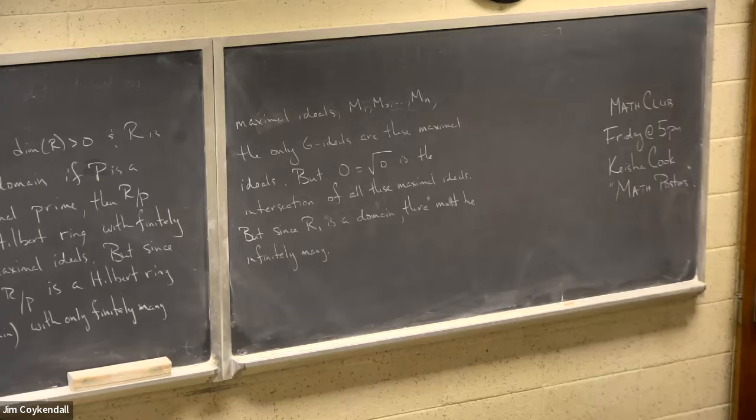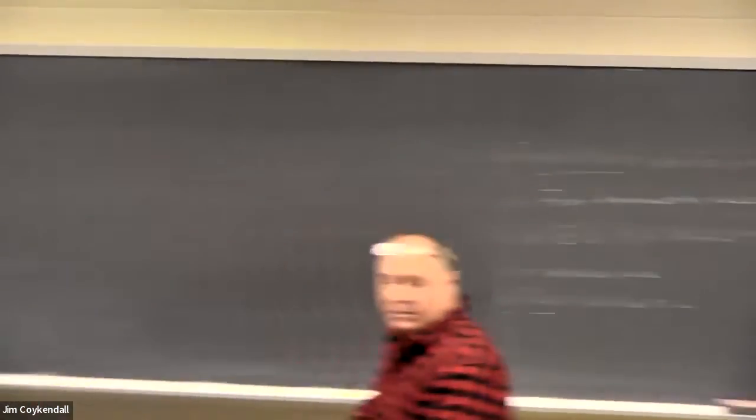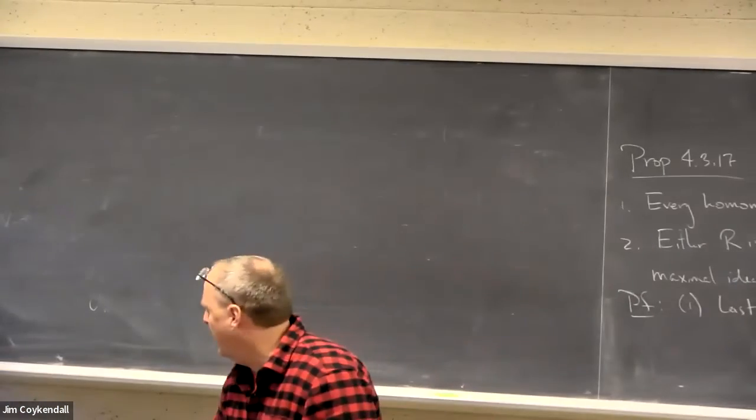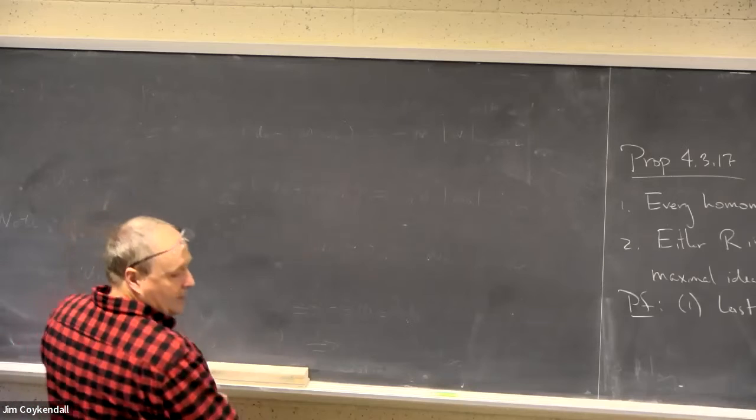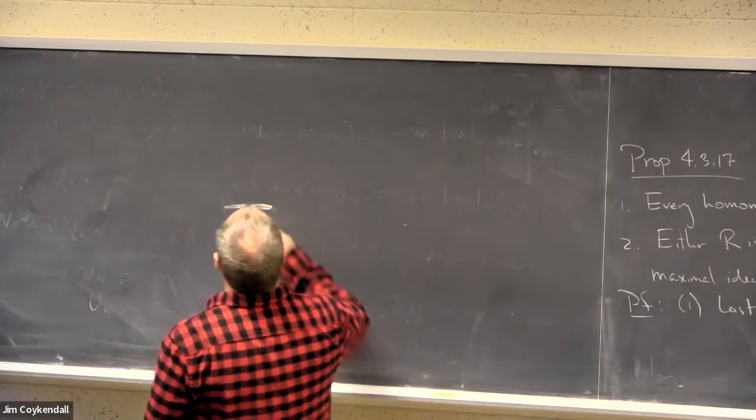So let me make one last proposition before we're actually going to get the Nullstellensatz. And this one's kind of important, as you will see. We're dealing with one with multiple variables. Proposition.